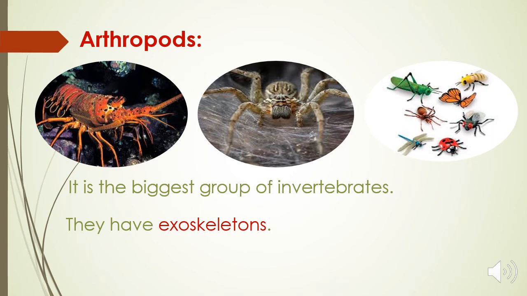They have exoskeletons. Again, what was the meaning of exoskeleton? Yes, it means a thin, hard covering that covers some invertebrates. And the animals in this group have legs that bend in many places.